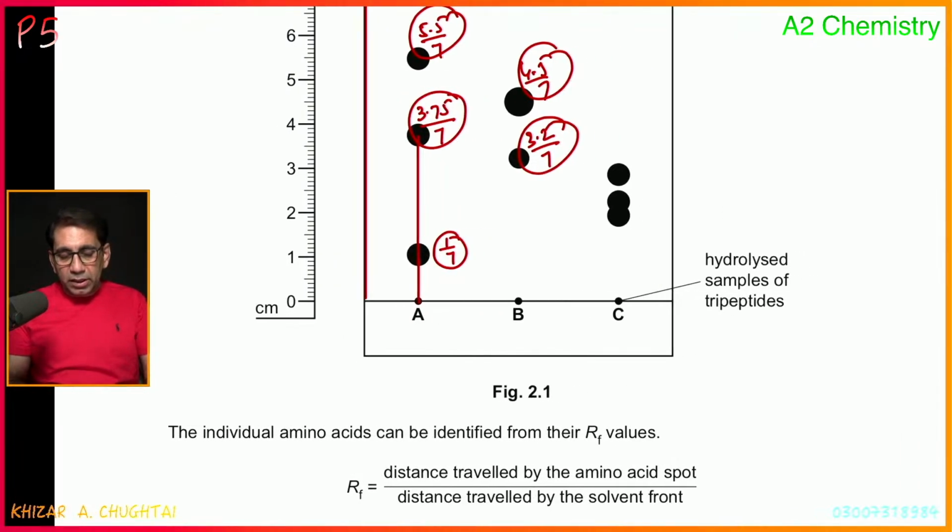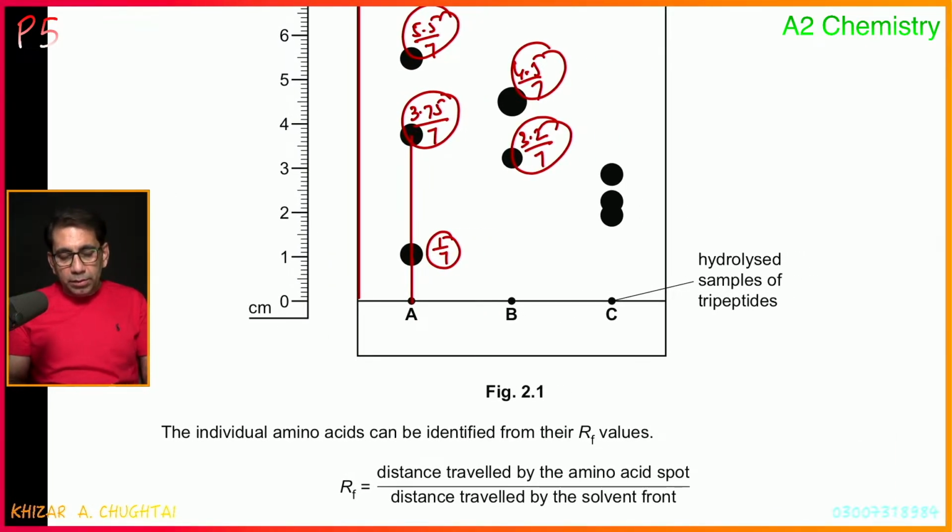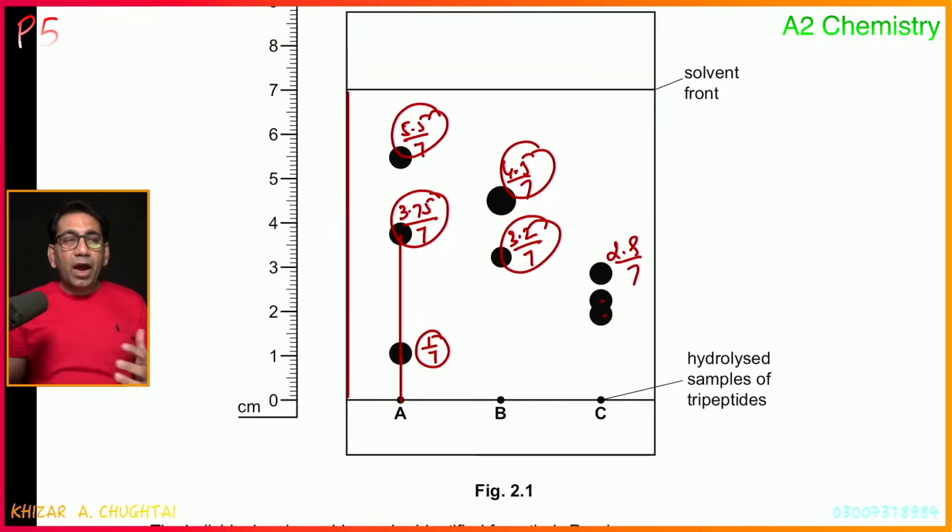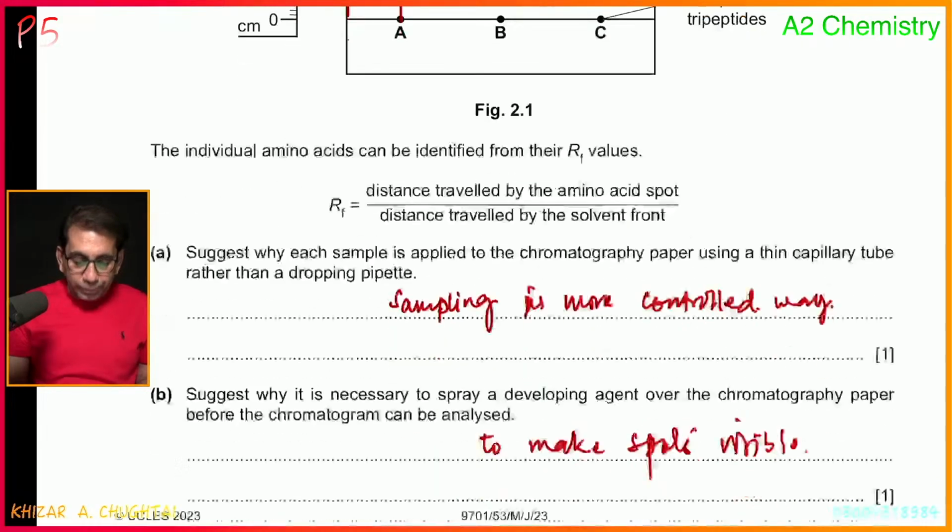The main spot of C is 2.9 in my opinion, so 2.9 over 7, and these two are ambiguous, not clear points. So this is the way to find the RF value of any spot.